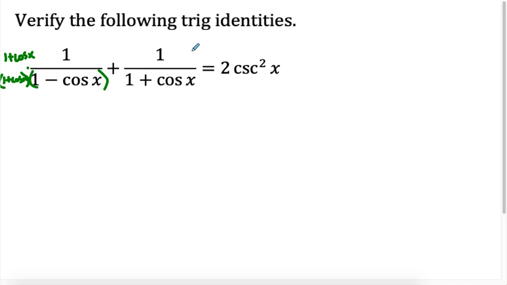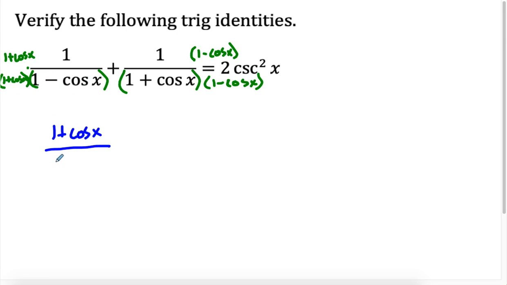And then this one by 1 minus cosine over 1 minus cosine. So my numerator here is just going to be 1 plus cosine over, now we talked about whenever we're multiplying by a conjugate, and in this case, we do end up multiplying by a conjugate.